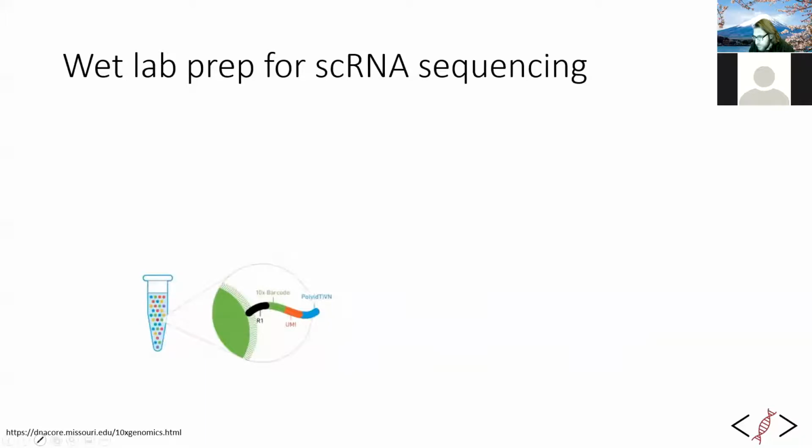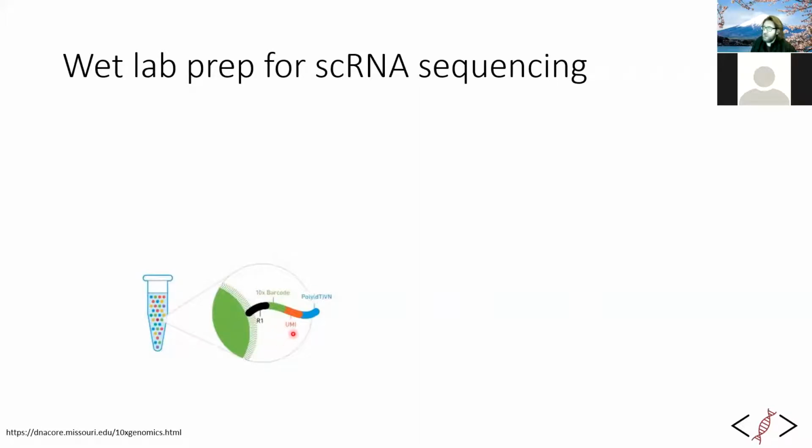This is your beads, and these are the oligonucleotides which coat their surface. These oligonucleotides are going to have an adapter for sequencing. They're going to have a barcode, which tells you exactly which bead the oligonucleotide originated from. So this is how you tell which bead a sequencing read originates from.